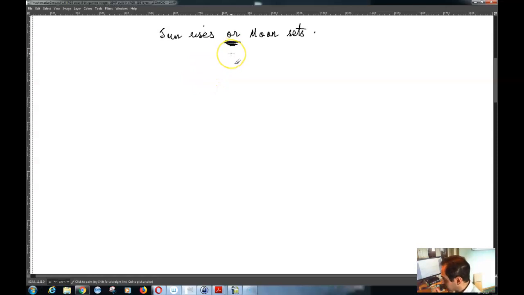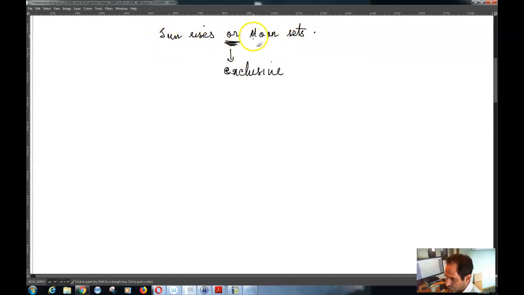Based on the answer that I'm seeing here, they're saying that this or is an exclusive or, which means that these two cannot happen together.